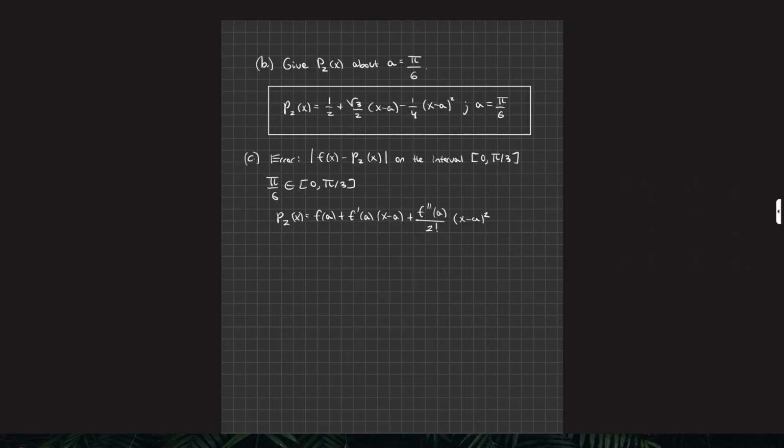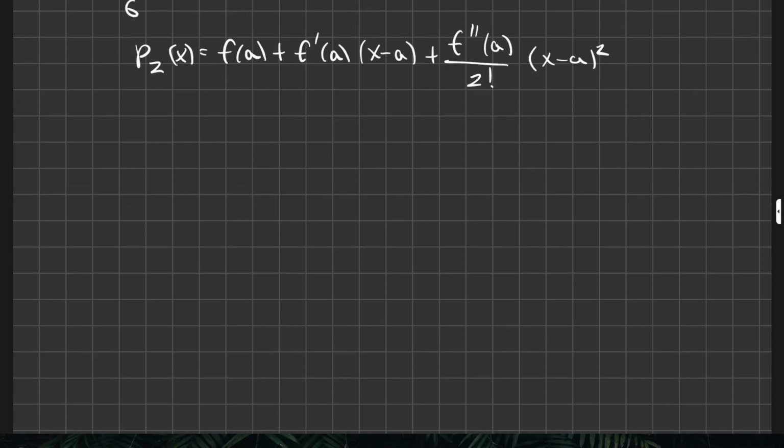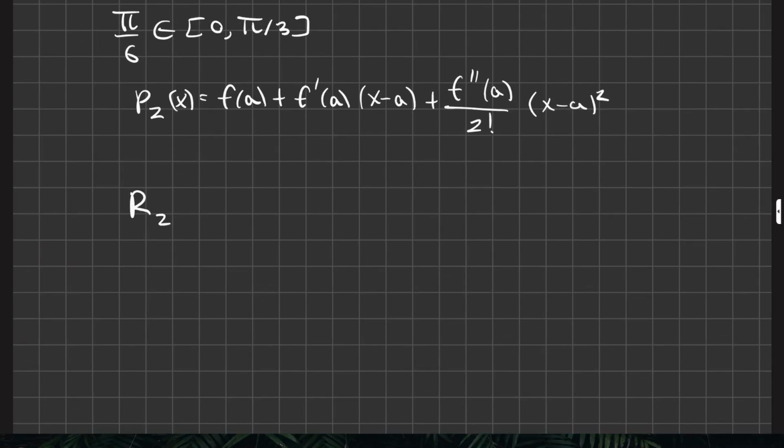We know that we evaluated f at a equals pi over 6 to be 1/2. But we'll consider this general form. So the remainder now is specifically with respect to the second degree Taylor polynomial. So instead of Rn, we're looking specifically at R2, which is a function of x, equal to the difference f of x minus P2 of x.